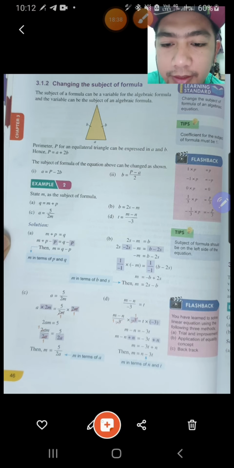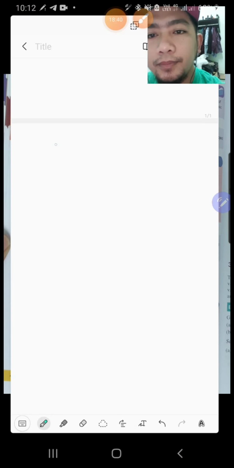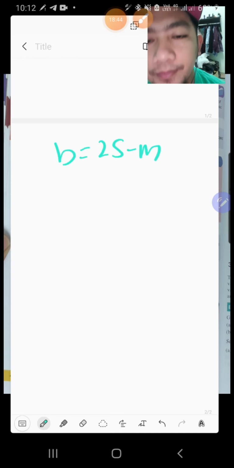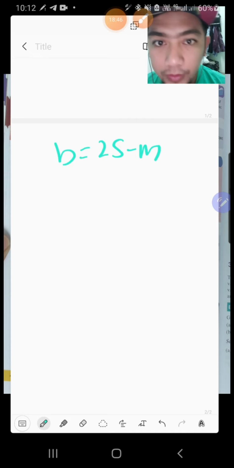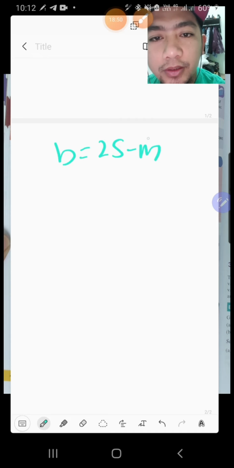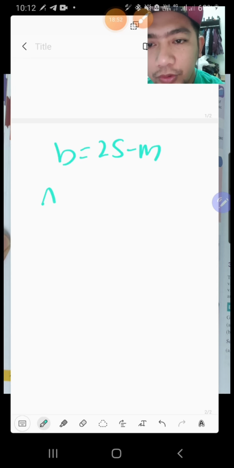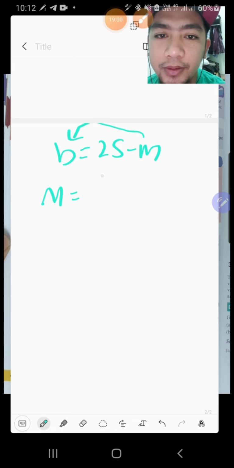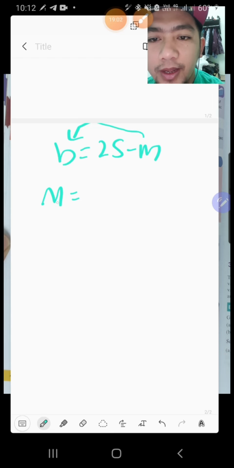Alright. The next question is B equal to 2S minus M. So we need to let M be the subject of formula. That means M should come first. So when you bring M to the left, negative M will become positive M, and 2S stays.